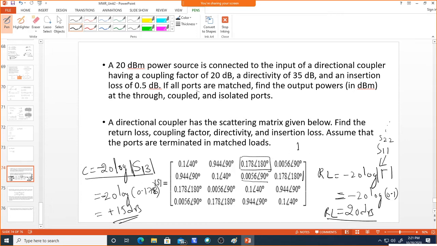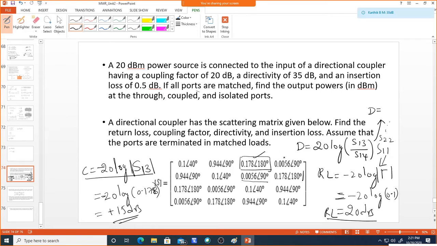Now, what is the directivity? It is forward power by backward power, which is 20 log of S13 by S14. This is the forward power and this is the backward power. Now calculate the directivity. How much are you getting?